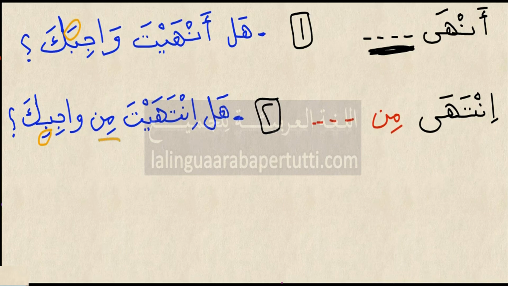Why? Because in the second one we have min. Both are to finish. Did you finish your homework? But in the first possibility you use the verb أنهى. So هل أنهيت واجبك. واجب is the object and it's منصوب, as we say in English, accusative. هل انتهيت من واجبك. So in this situation the grammar case will be مجرور, genitive I think in English. So it will have كسرة: من واجبك. Both are correct. You can use anyone you want. طيب.